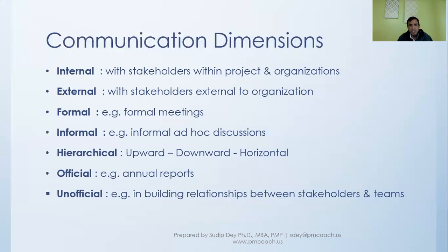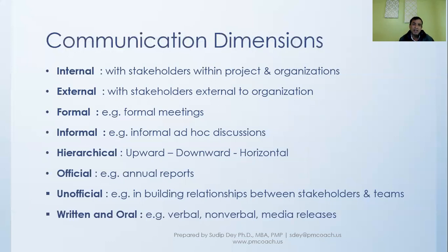Each of these dimensions has its place. Each of these dimensions we need to be aware of as project manager to be able to effectively manage the project. And again, it can be written or oral, which is, for example, verbal and non-verbal. It can be verbally communicated, it can be non-verbally, like we said, gestures, body language, or it can be media releases, and so on.